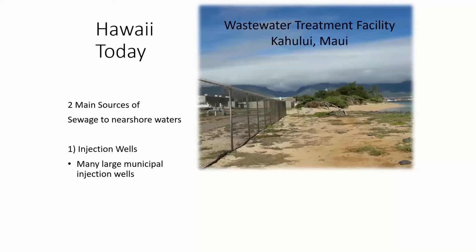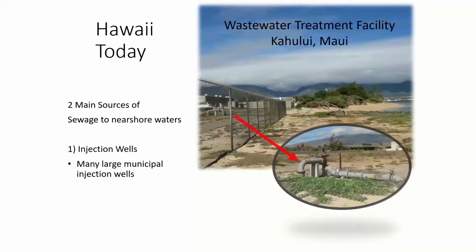There are many large municipal injection wells in Hawaii, such as the one I'm showing here from Kahului. The wastewater goes into this well literally a stone's throw away from the ocean, into sand about 100 to 300 feet down. This facility handles about 4.5 million gallons a day.